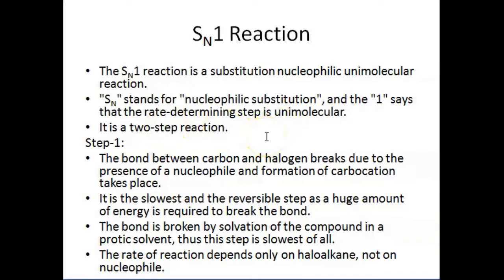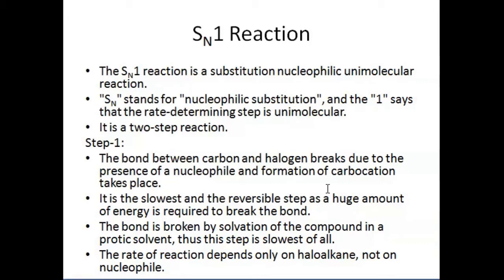In step 1, the bond between carbon and halogen breaks, which helps in the formation of a carbocation. This is considered the slowest and reversible step, as a huge amount of energy is required to break the bond.